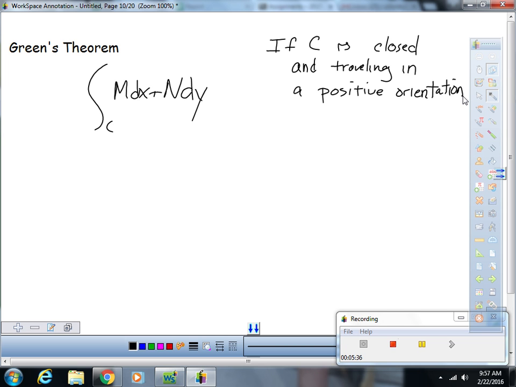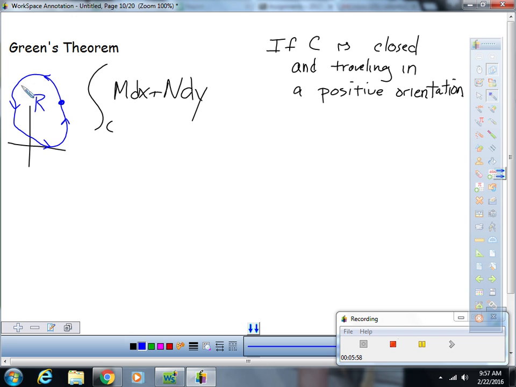So what does that mean? The region or the area, if you're looking out your window, it's always on the left, NASCAR style. You're driving around your path, the region is always on your left. That's how you know you're going positive.